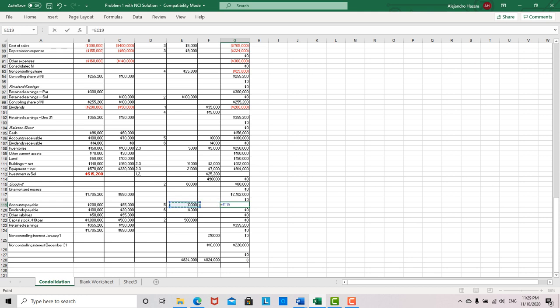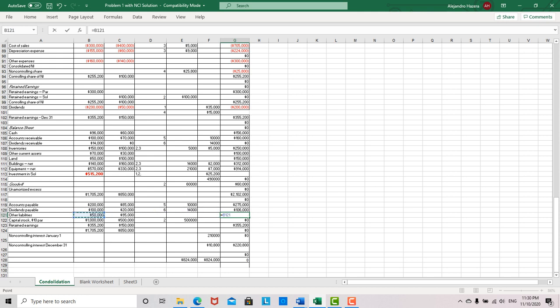Now we've got the liabilities and shareholders' equity, which usually are not too hard. Accounts payable is 200,000 plus 85 minus 10,000. You debit and credit, and debits to liabilities reduce them. That gives you 275,000. And you've got 100,000 plus 20 minus 14. It's a liability, 106 for dividends payable.